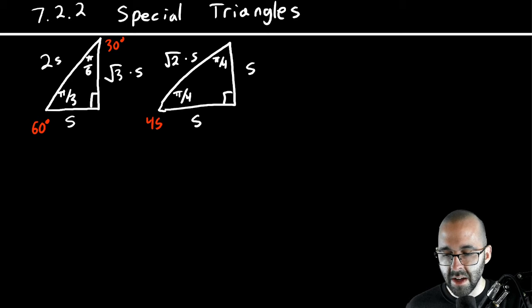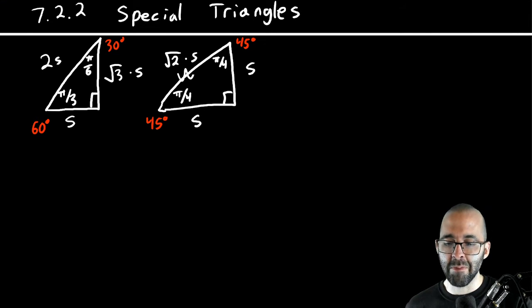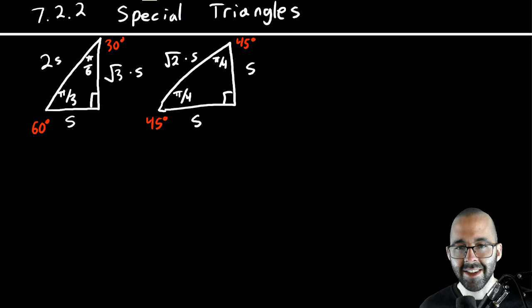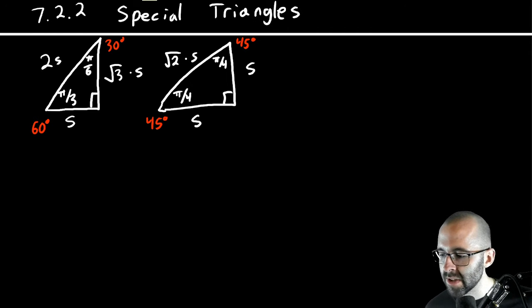And again, if you want, you can think about this as 45 degrees instead of pi over 4 radians. It's a little bendy triangle right there, not quite so straight. That's okay. So these are our two special triangles, and they give us a lot of power to do things by hand.